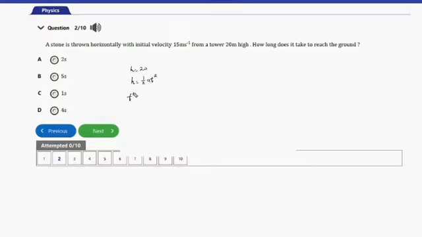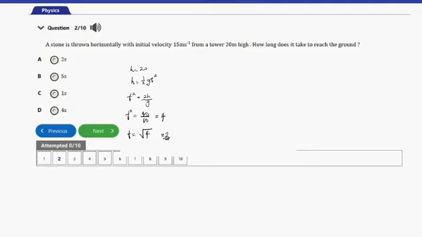So in this case, we're going to have 2 times the height, which is 20, then over g, which is the acceleration due to gravity. So that's t squared. So t squared is now equal to 40/10. So t squared becomes 4, and then t alone will be square root of 4, which is 2. So guys, option A is the answer to this question.